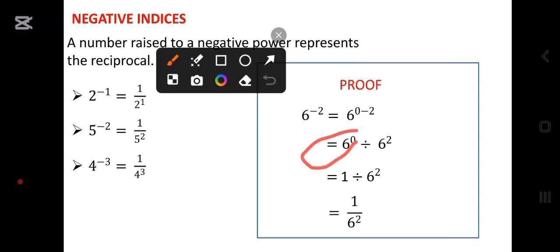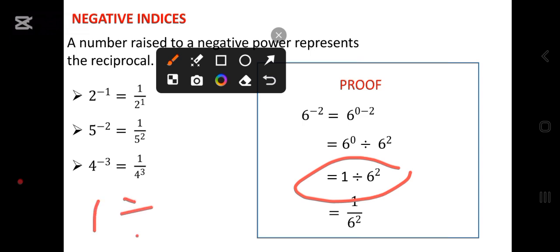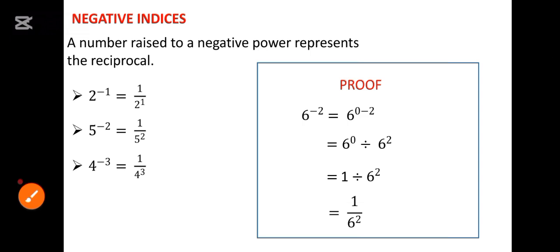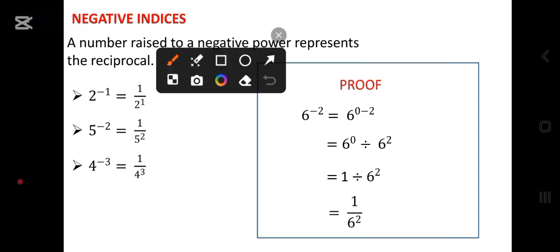6 raised to power 0, according to the zero law, is 1, divided by 6 raised to power 2, which we have here. We all know that 1 divided by 6 raised to power 2 will give us this expression.